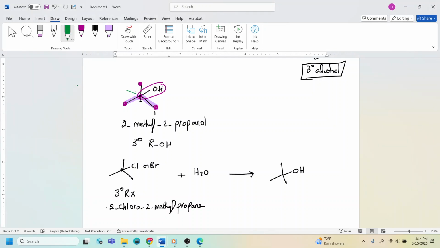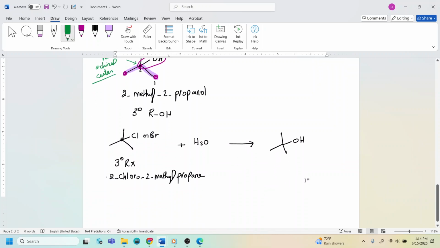So when you draw the mechanism of the reaction, you don't have to show the chiral center. It's going to be only one product in there. So I know now that I need to start from 2-chloro-2-methylpropane, and I need to use water as a solvent.